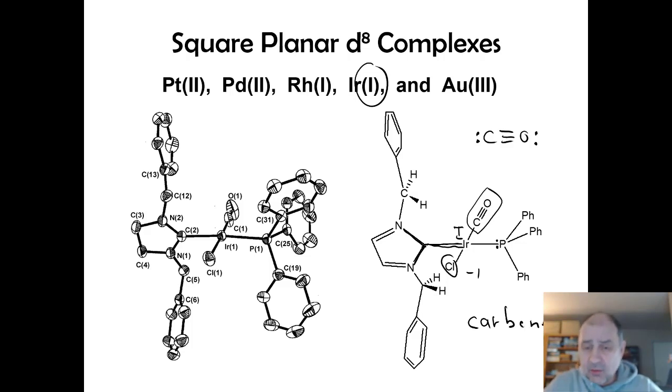And we can indeed look at carbene as 2-electron donors and 6-electron species, or we can also look at them, but there are different types of carbenes that are distinguished depending on whether there's a double bond or not. For now, just focus on the geometry of this iridium. You can kind of see here the crystal structure nicely shows you that these are 90 degrees. So that's a nice example.